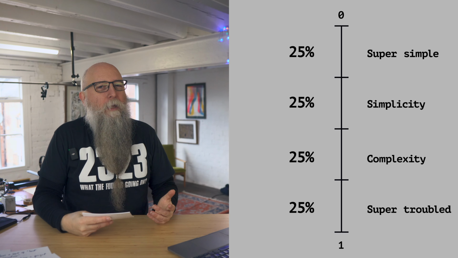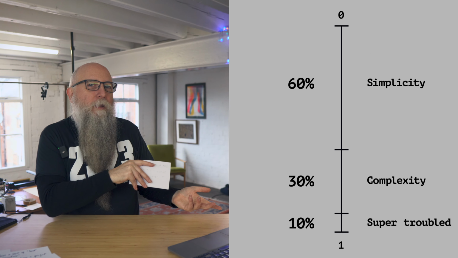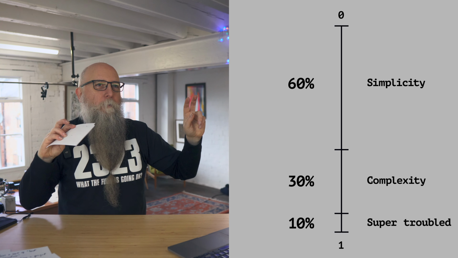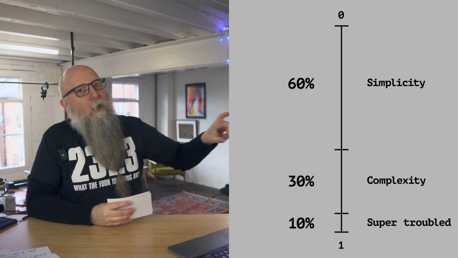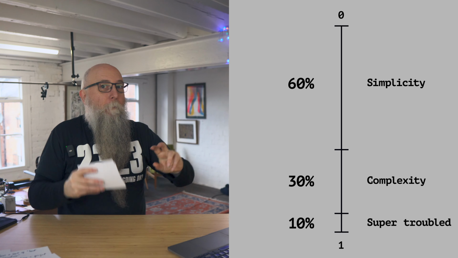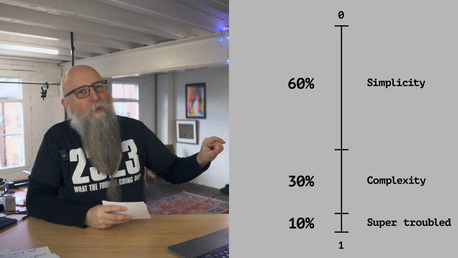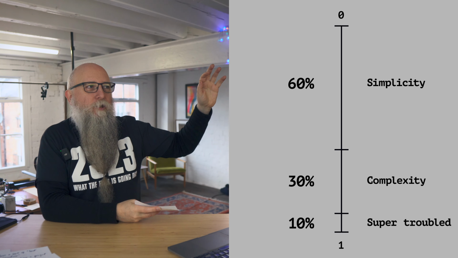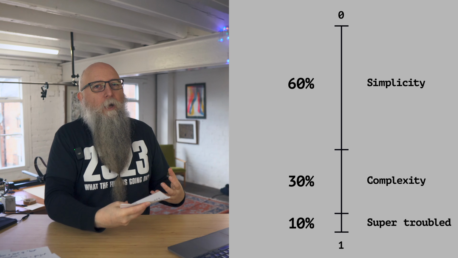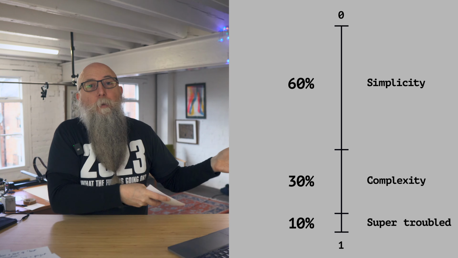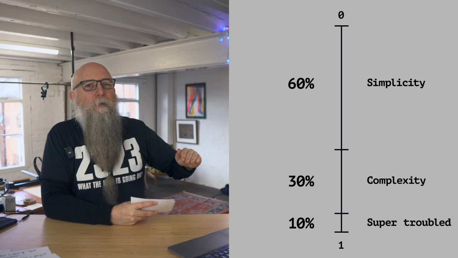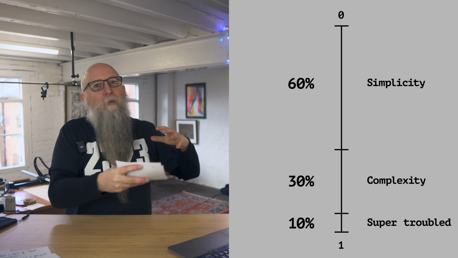Or, depending on how the maths works out, you could divide the bands up like this, where the first 60% is called simplicity, and then the next 30% is called complexity, and the next 10% is called super troubled or something like that. And that's starting to introduce not only a reflection on the style, but also a rarity element into it too. So that's a kind of a fun thing you can do by choosing where to split your bands. You're introducing that extra element to it.